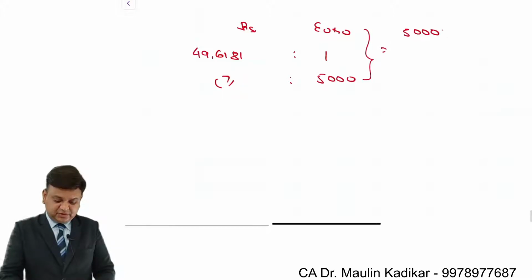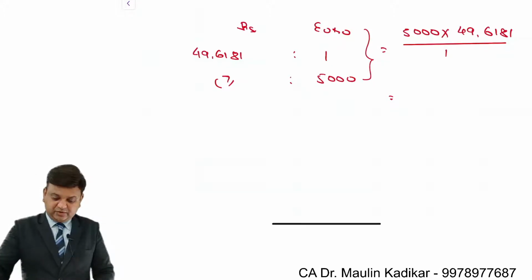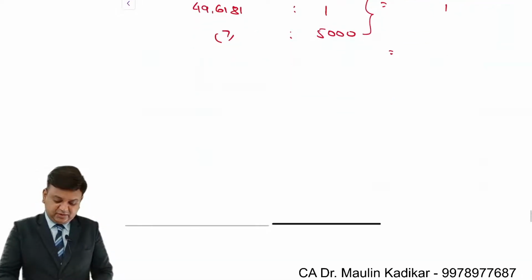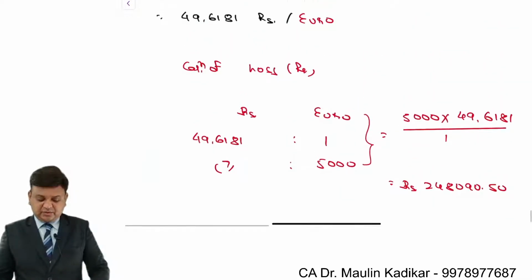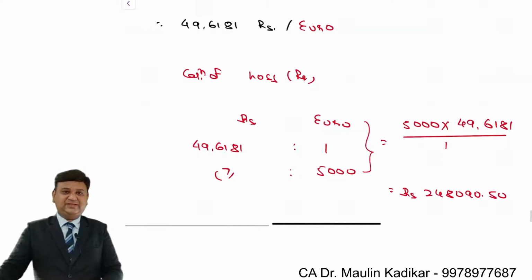So it is 5000 into 49.6181 divided by 1. That is the way we will compute the answer. 49.6181 into 5000 comes to 2,48,090.5. This is the amount of the loss that you will have in order to square up the transaction.